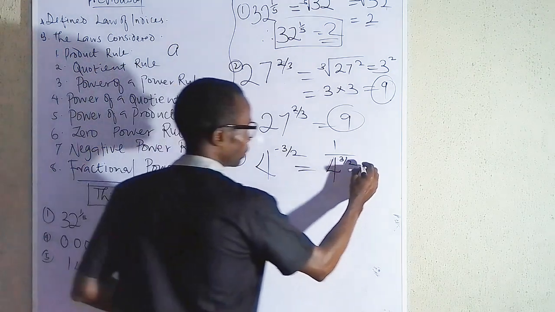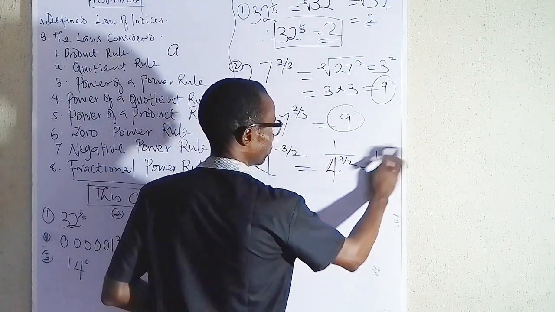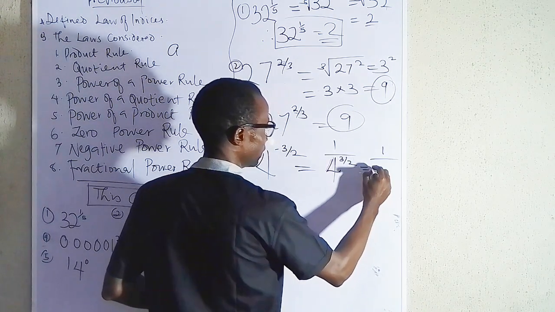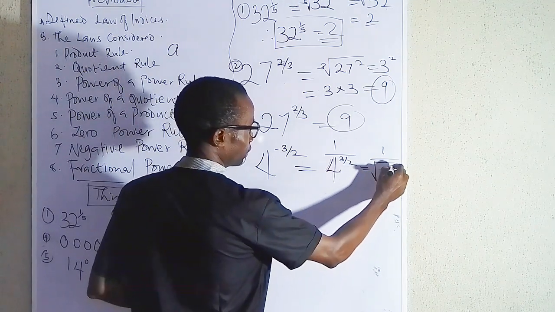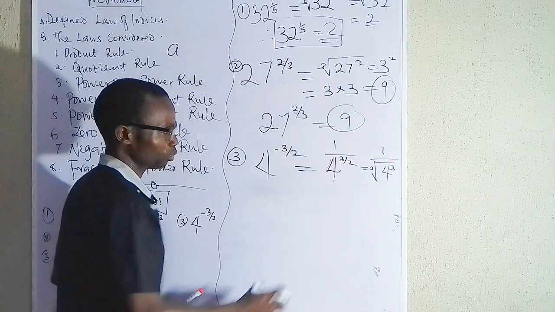Now, this is the same thing as we had, square root of, we still have our reciprocal first, and then 3. Normally we don't put square here. So we just have it as this.